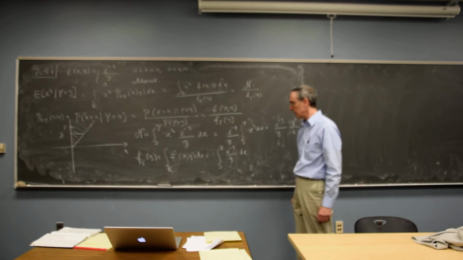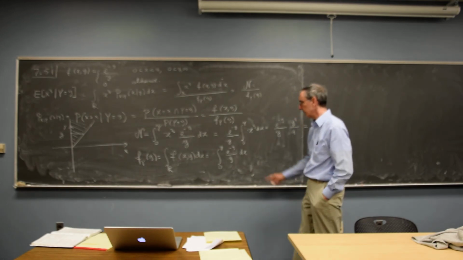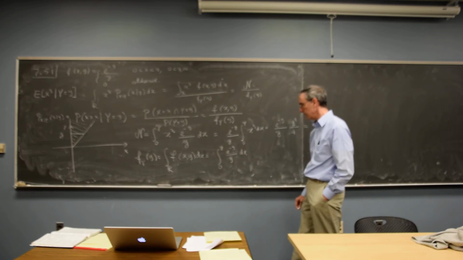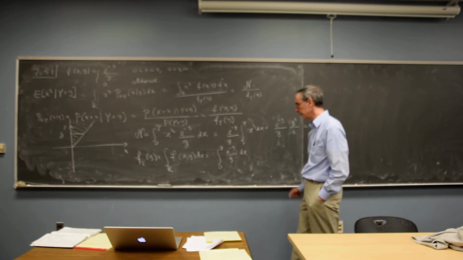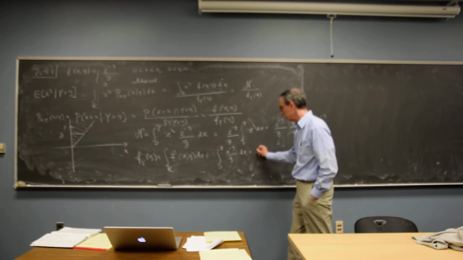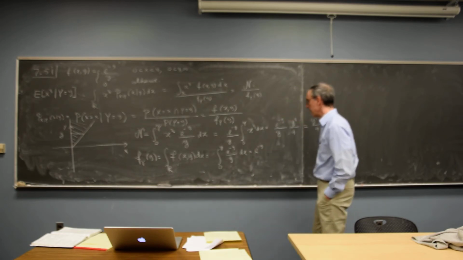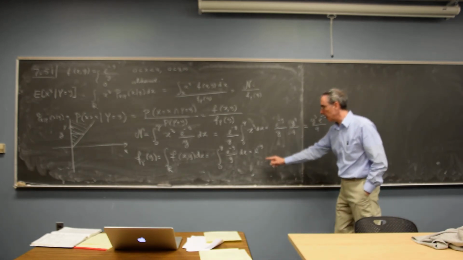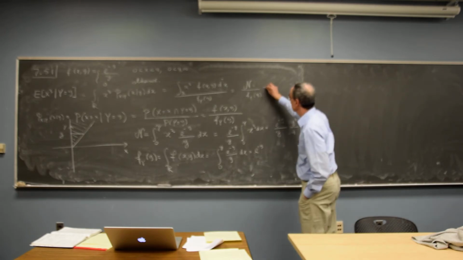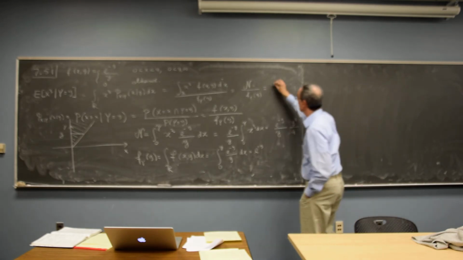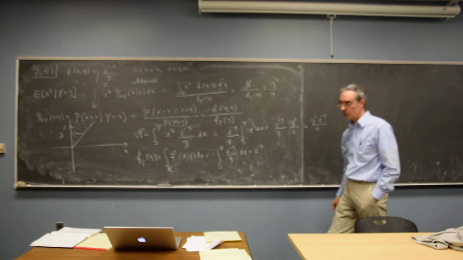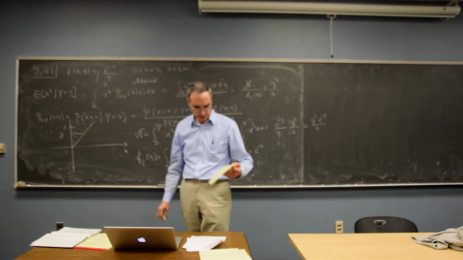This is a constant, so integrate in x. The integral from 0 to y of dx is y. Y divided by y is 1. So this quantity becomes just e to the minus y. So when we divide the numerator by the denominator, the result is y cubed divided by 4. This disappears. I'm not sure that I completed the exercise here.